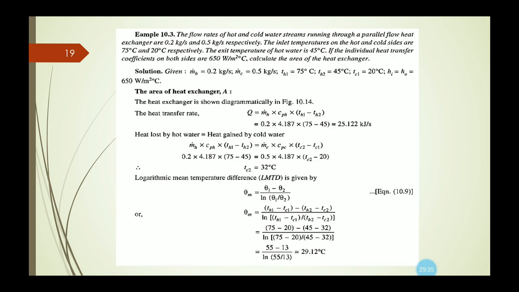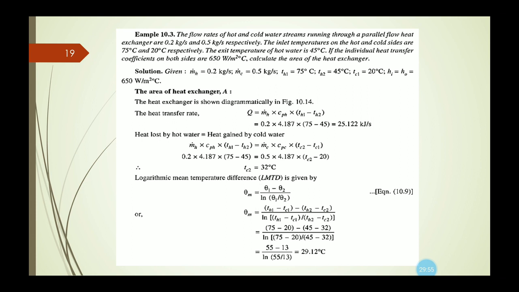Now how to calculate the Tc2, that is the outlet temperature of the cold fluid. This formula is known to us, that is the heat transfer rate Q equals m dot h Cph multiplied by the temperature difference for the hot fluid, that is Th1 minus Th2.